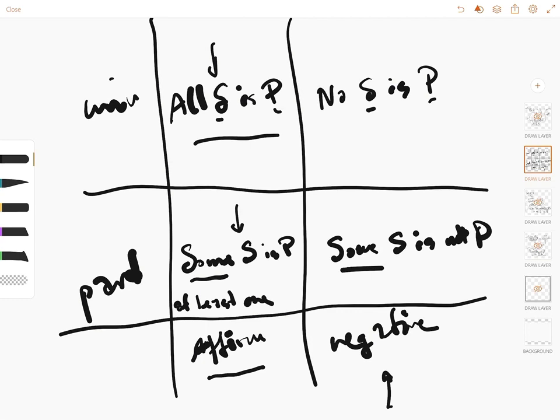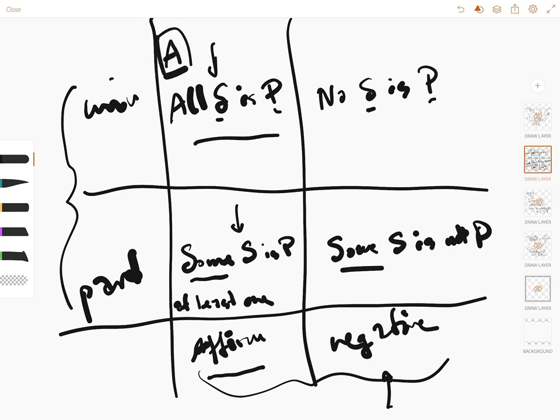All right, and so actually, if you think about the fact that these are our only 2 quantities and these are our only 2 qualities, then it means that there are a total of 4 types of propositions. And these 4 types have historically been identified by vowels. I'll explain why that is when we get a little further to this. But the universal affirmative we nickname an A proposition.